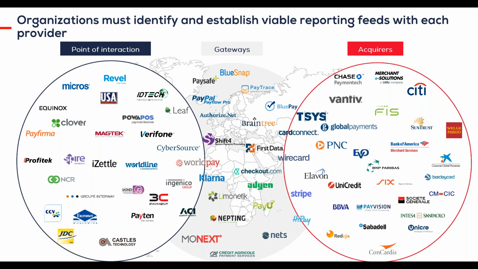Because oftentimes, I know in our experience working with organizations, you may look at an acquirer processor statement and think that's the totality of the activity or the cost. And for some it may be, but for many it's not.